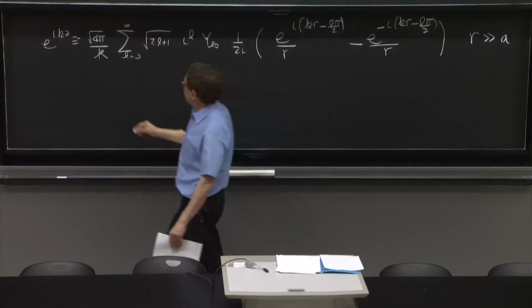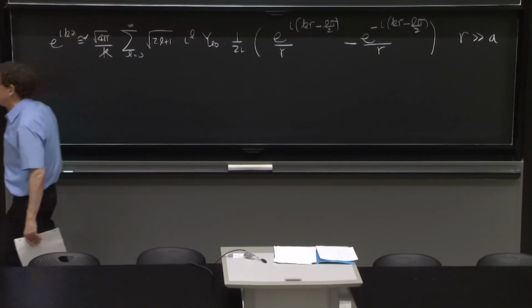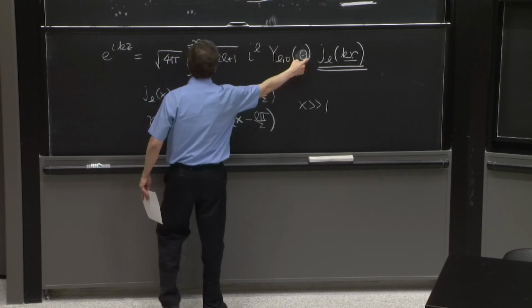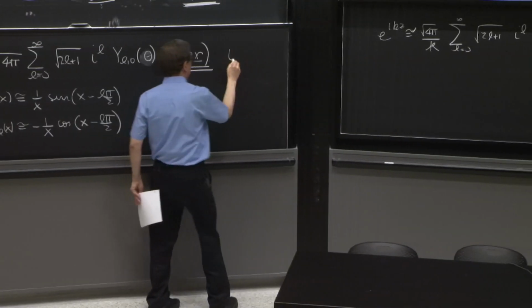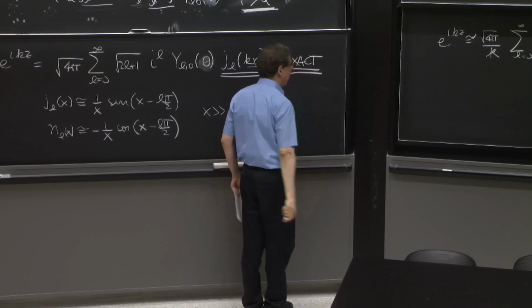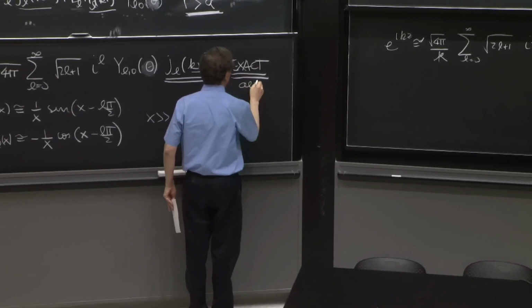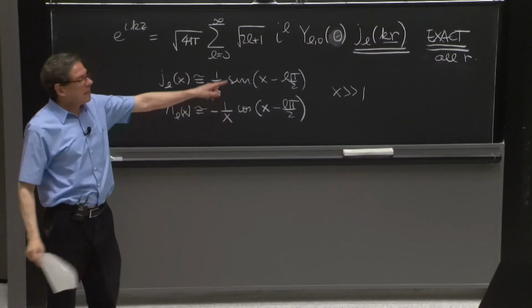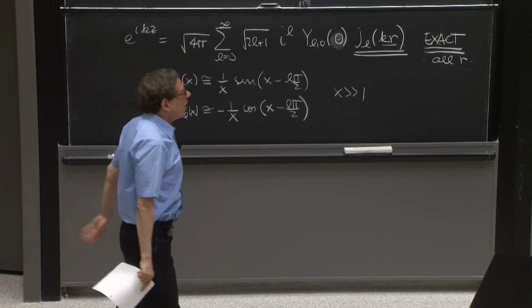It's an approximate thing because we approximated the Bessel function. This equation is exact for all r. But that equation now is not.